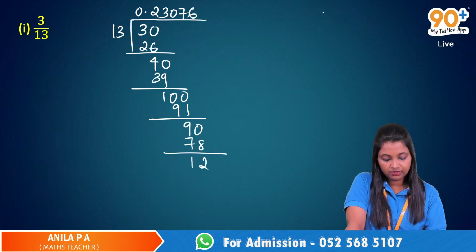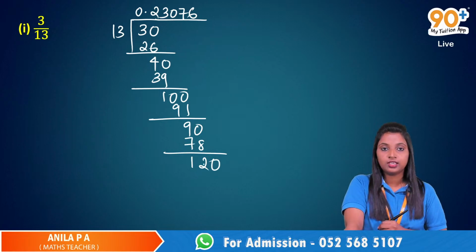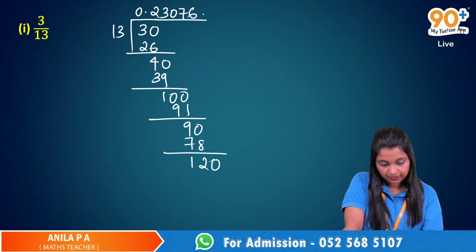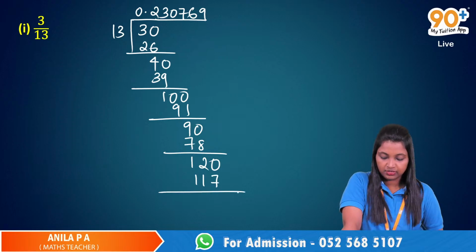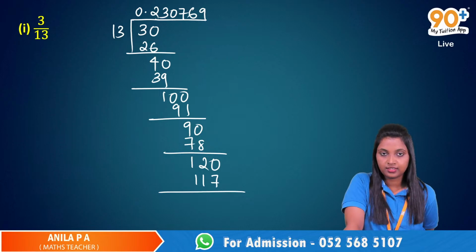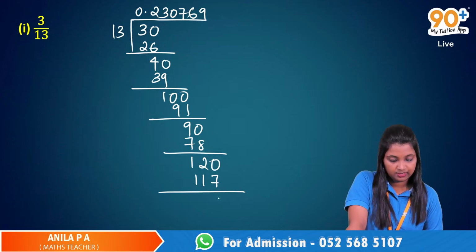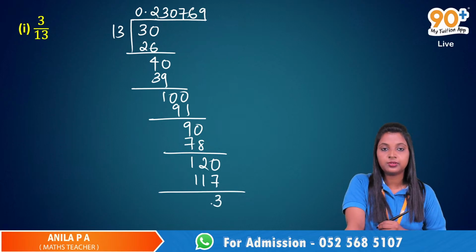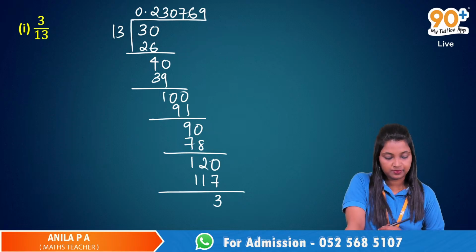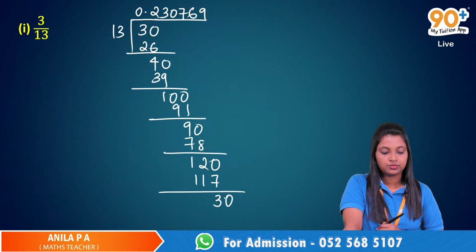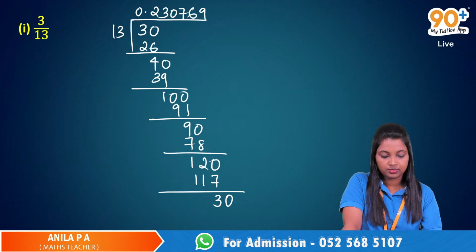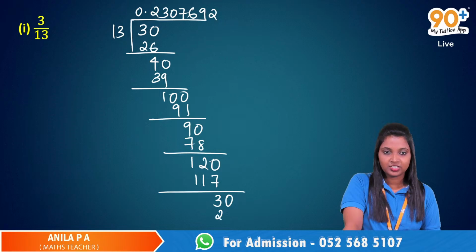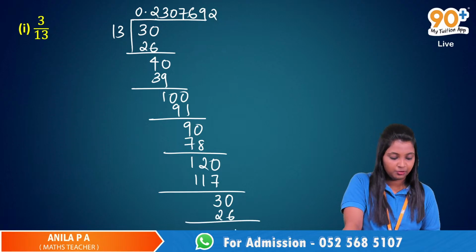Now we are at 0, 120, then we do by 9, 117. 9 13s are 117. Then we get 3, then 0. Then like we continue, now we are at 2, 26, remainder 4.